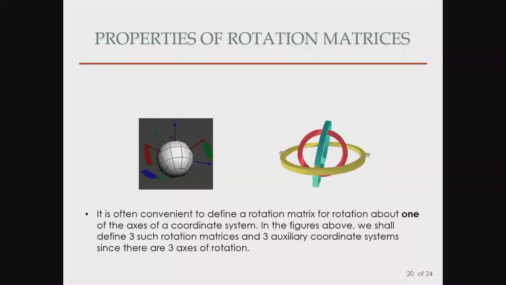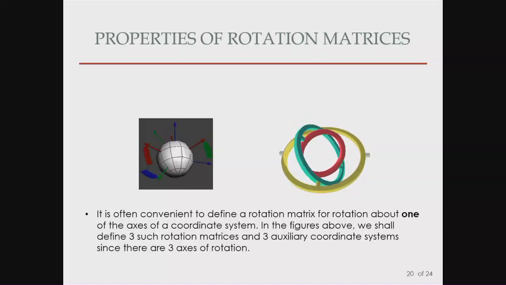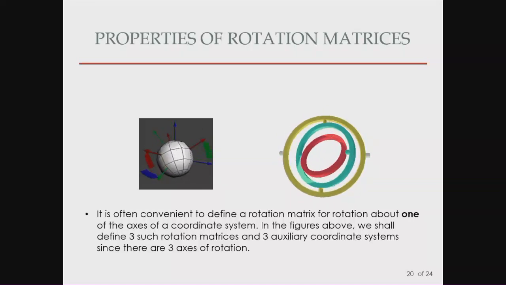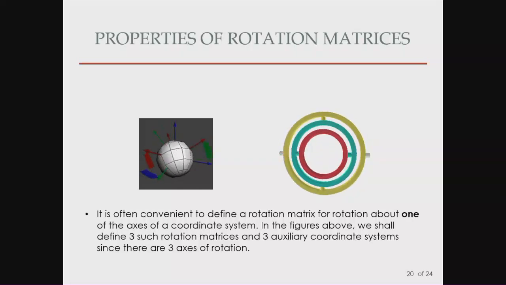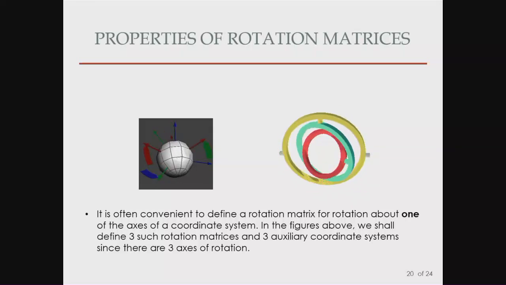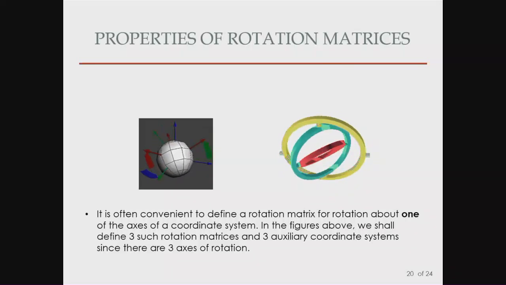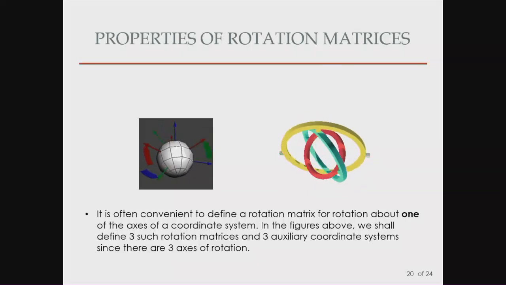If you imagine that the initial orientation is such that this axis is x, this axis is y, and this axis is z, first we have rotation about x, if the top one is x, then some rotation about y, and then about negative z. That's what I pre-calculated with MATLAB.